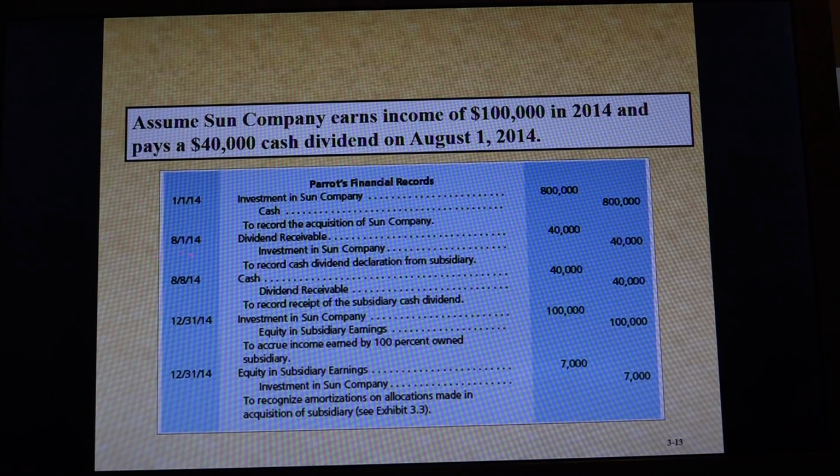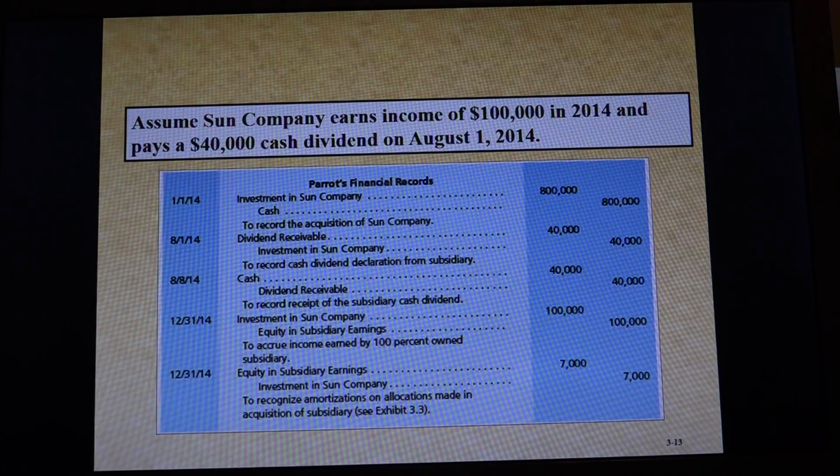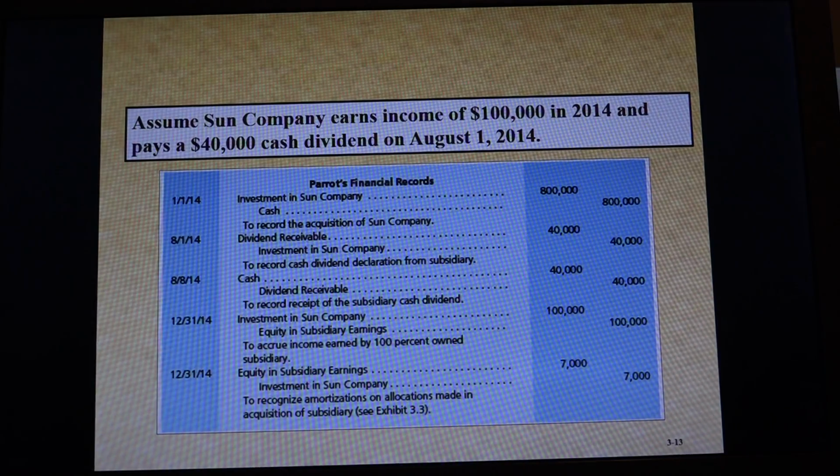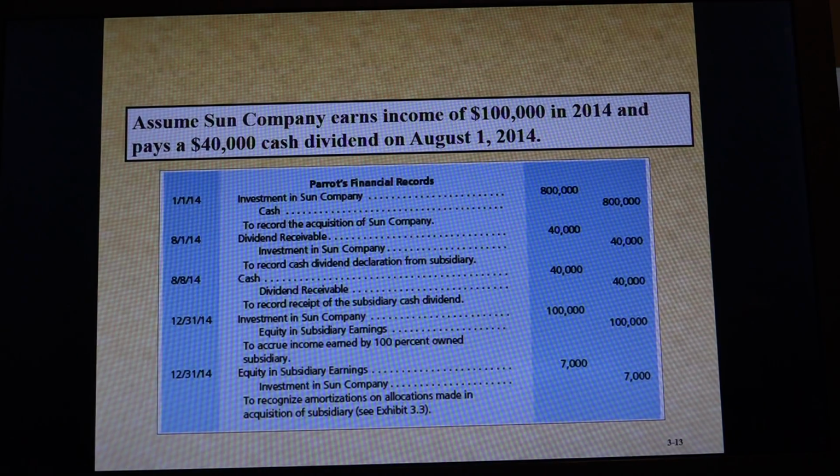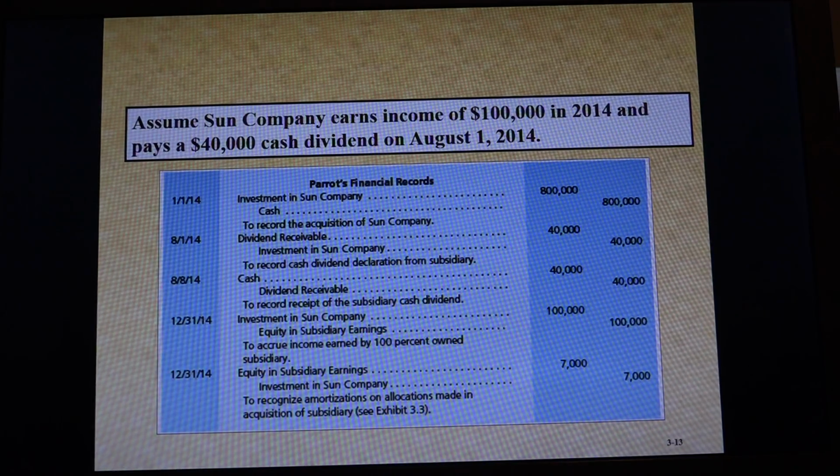On 8/1, they record a dividend receivable, and the credit goes to reduce their investment in Sun Company. So that should look familiar to you. And of course, a couple of days later, they receive the cash and simply remove the dividend receivable.